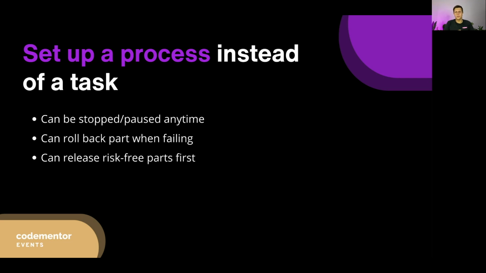We also can quickly roll back the changes, just a single part that we delivered recently, when we find a critical bug or something that we forgot to implement. And that's a really, really helpful process.